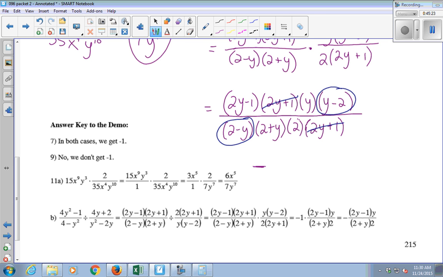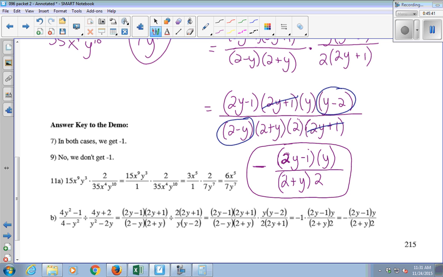And then I'm going to copy what's left. 2y minus 1 times y is left on top. And on the bottom, I have 2 plus y times 2. And the circled factors reduced to the negative 1, so that became a negative sign out front. That's the answer. Yep.